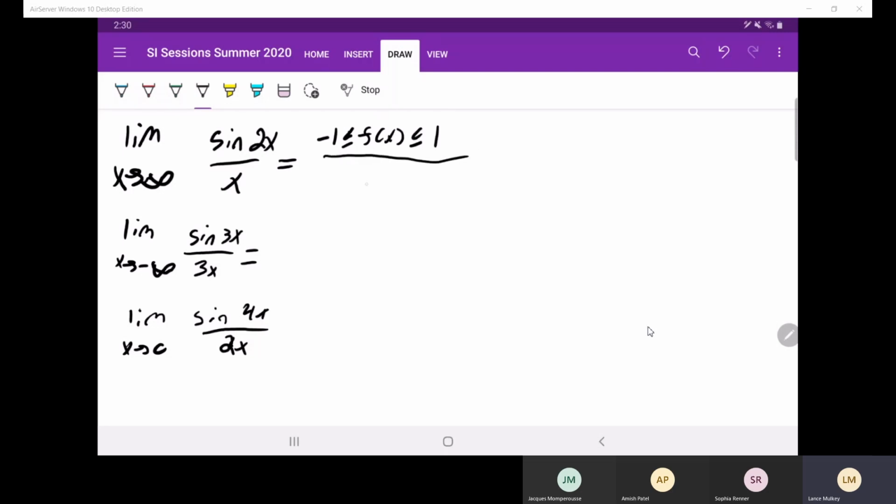And you plug in infinity down here, you get infinity. Yes, Sophia, you're right. The limit has to be approaching 0 for that theorem to be in effect. So what's bigger, -1, a value between -1 and 1, or infinity? Correct. It's 0. So as this gets bigger, it's going to be approaching 0.